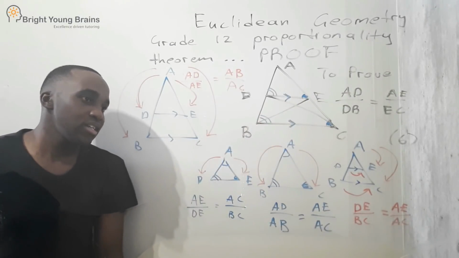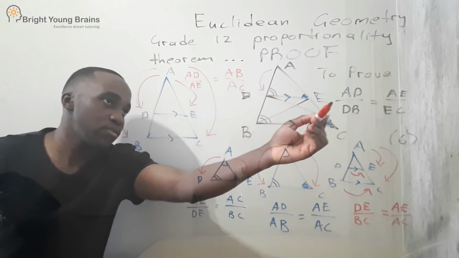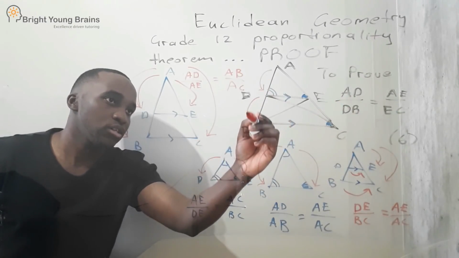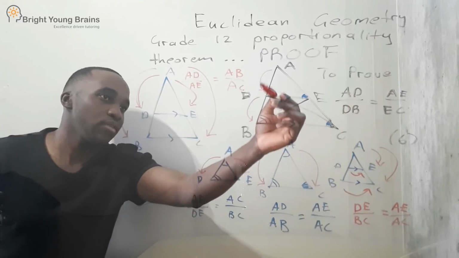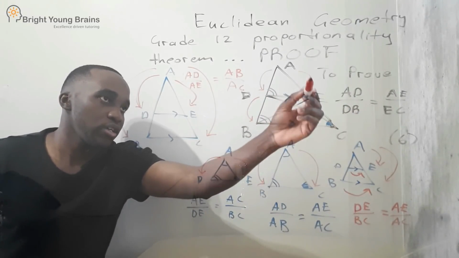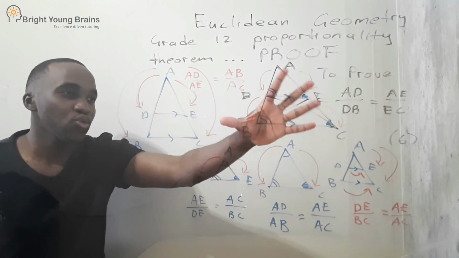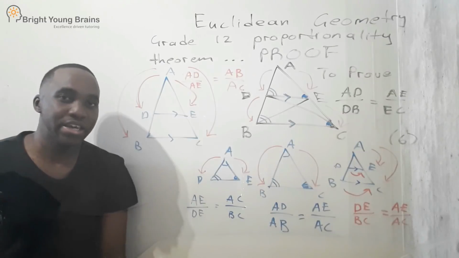Basically, what they're trying to have us prove is that AD over DB is equal to AE over EC. So in our proof, we're going to work on how all this is linked.